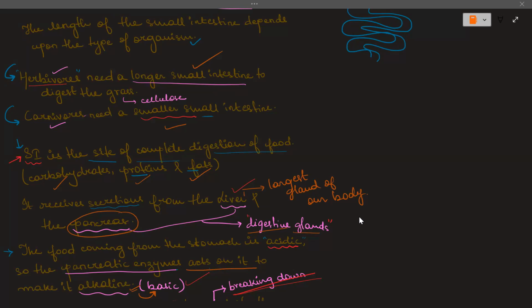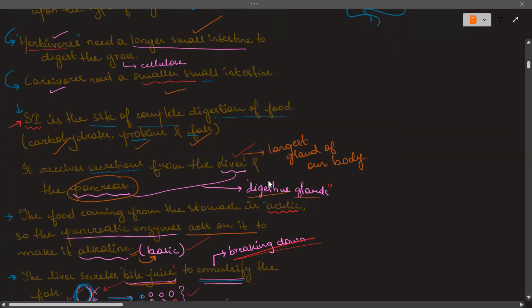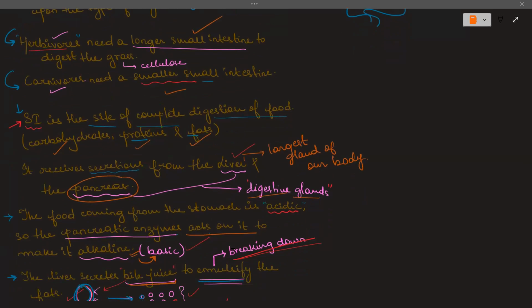Ma'am, in the last sentence, what's after acts? Acts on it to make it alkaline.